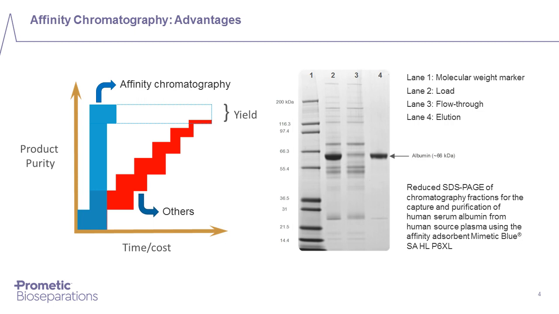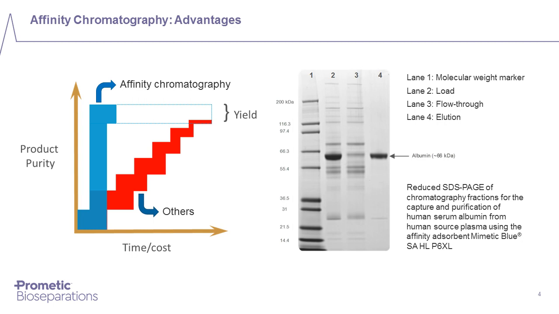On the left-hand side in that diagram, you can see a comparison of, in red, a process with multiple steps, and each step is losing about 5% of your target. After multiple steps, at the very end, your yield is drastically diminished. In contrast, in blue, with affinity chromatography, ideally in one step, you resolve your mixture, and then you get a much better yield.